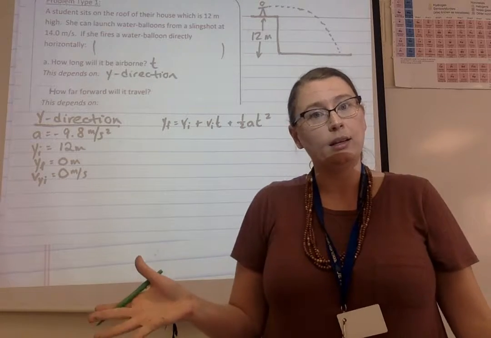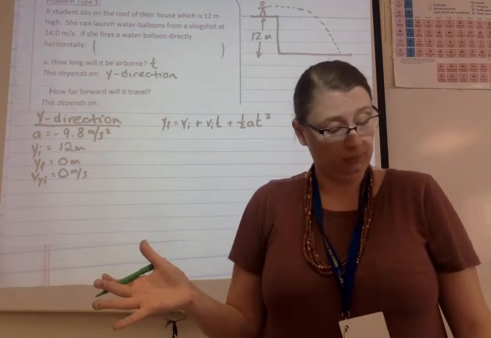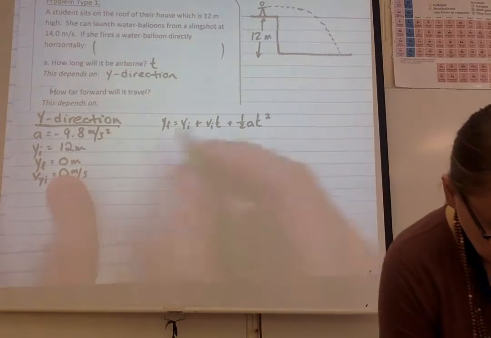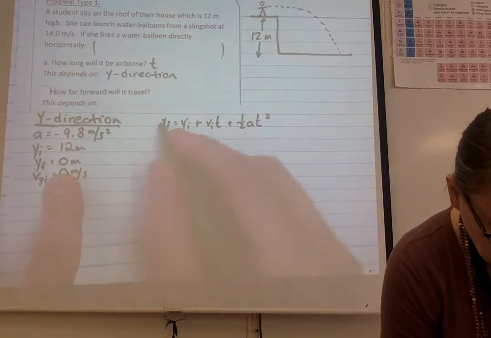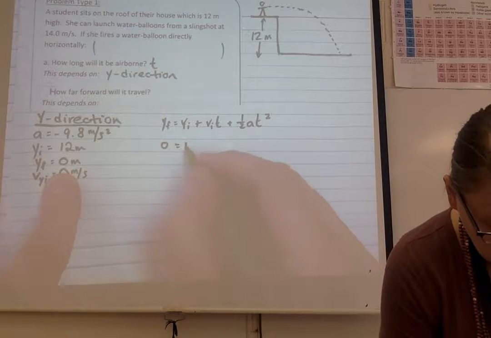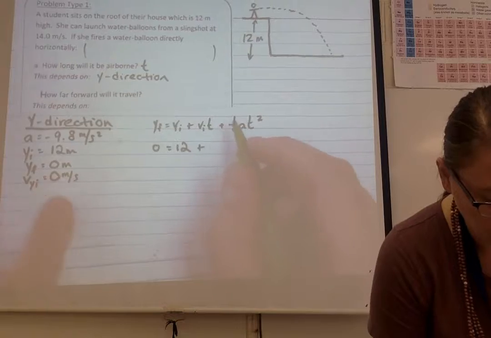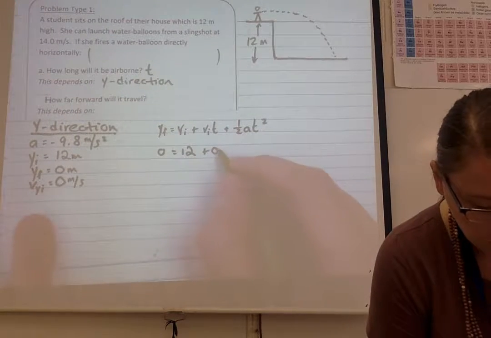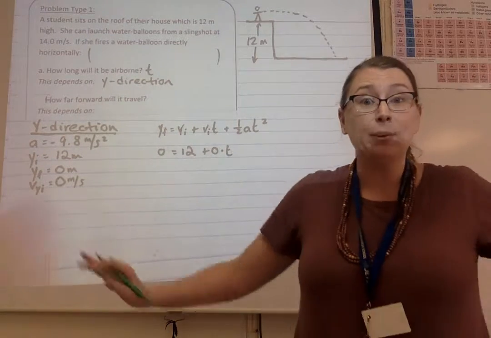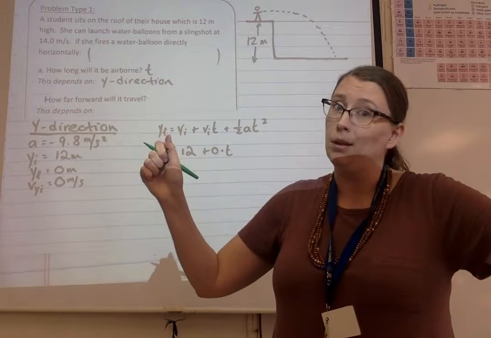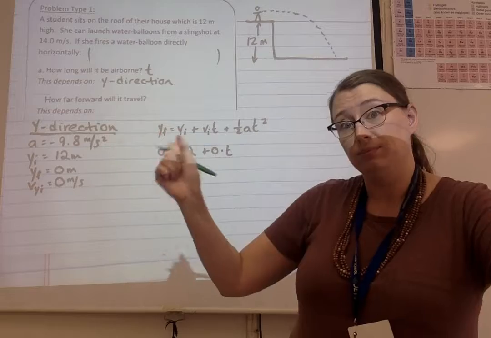So let's plug in as many numbers as we can. The final y is 0 from here. The initial y was 12, plus the initial velocity was 0, but 0 times t, no matter what time it is, any number times 0, you know the rule, always equals 0.